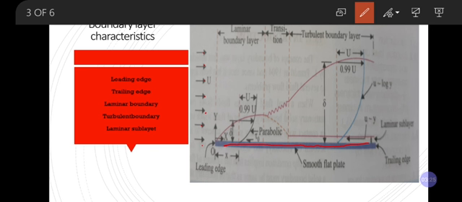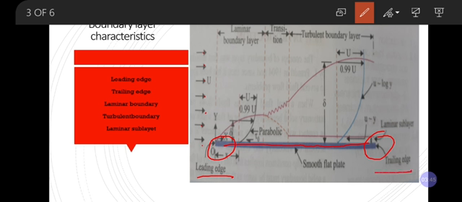Now, while looking at this plate, there are certain terms we must know. The edge facing the direction of the flow is called the leading edge. So you can see it is the leading edge, while the edge that is at the end of the plate is called the trailing edge.